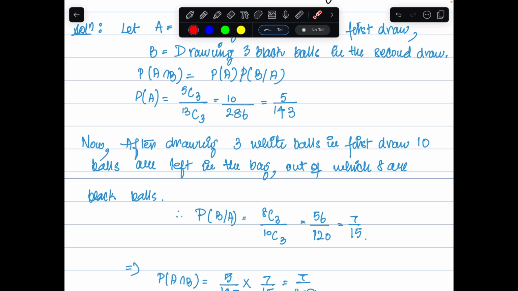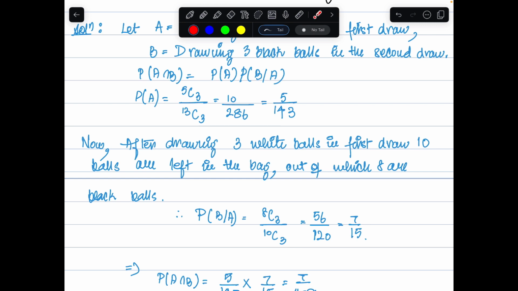Now I am not using that formula, P of A intersection B by P of B. What I am doing is, I know that A has already happened. Since A has happened, I am left with 10 options, and out of that I have to pick 3.